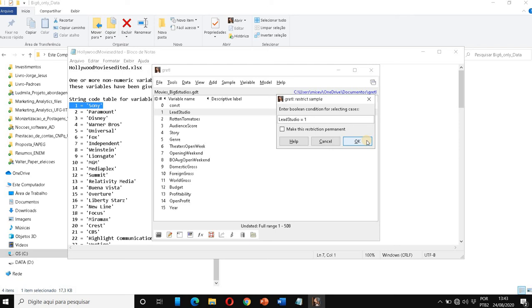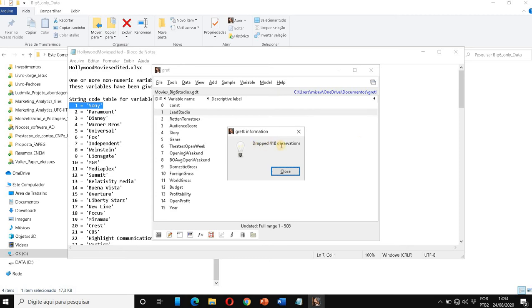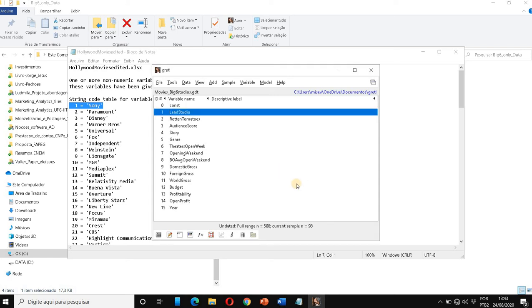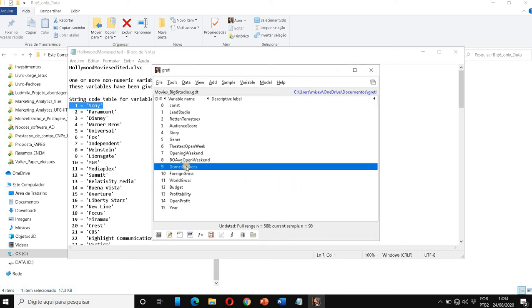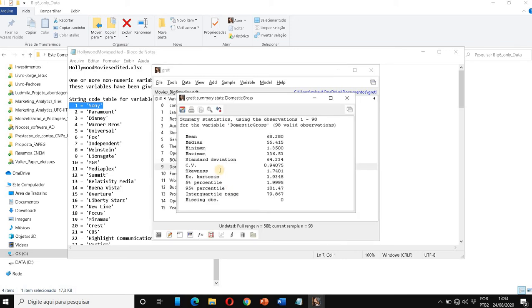When I click on OK, I'm going to work with only the movies filmed by Sony, okay? So it dropped more than 400 observations. I'm going to close. And then in domestic gross revenue, I'm going to click with the right button on it and click on summary statistics. So now I have the mean, okay, and the median value. So I'm going to take note of that and compare with the other studios.